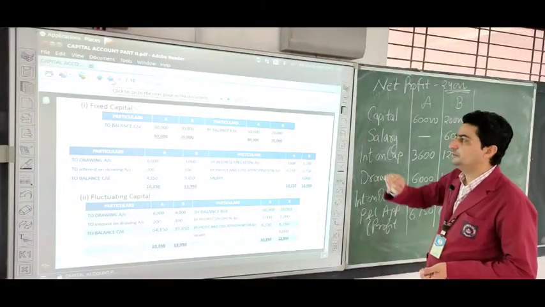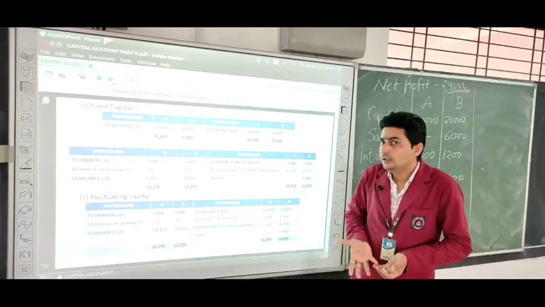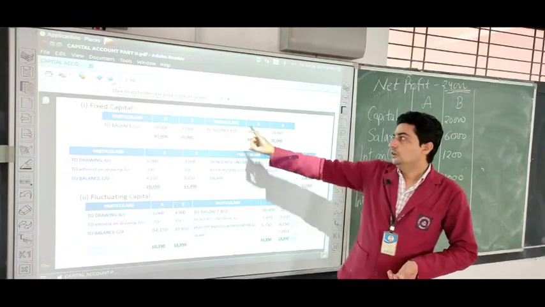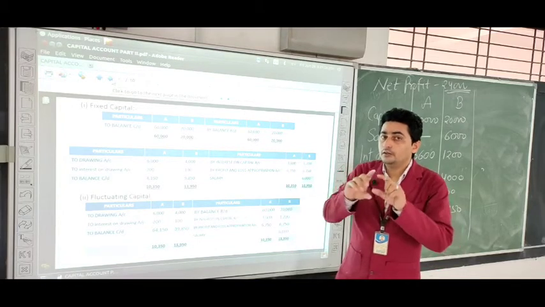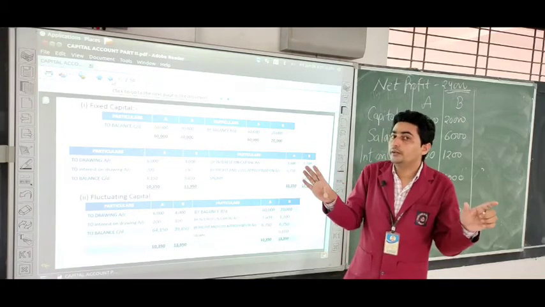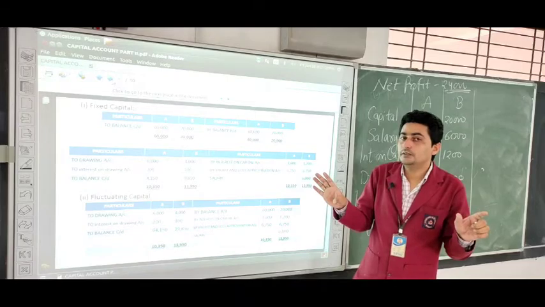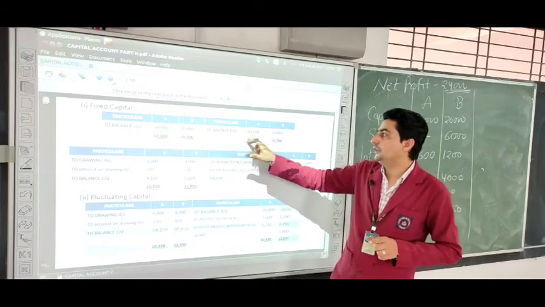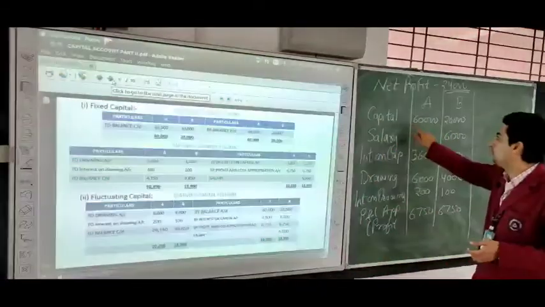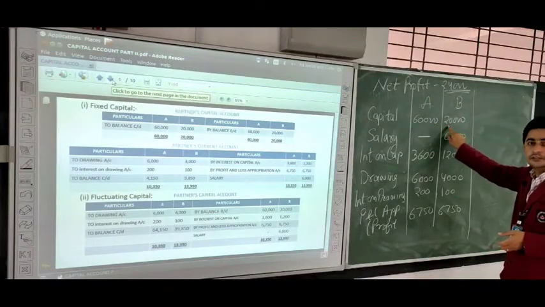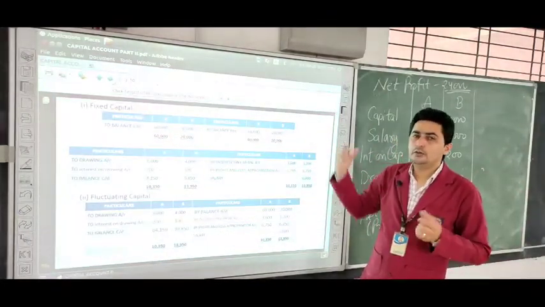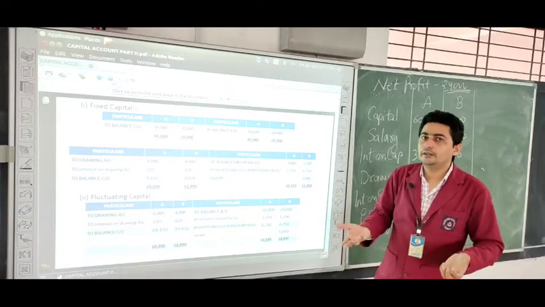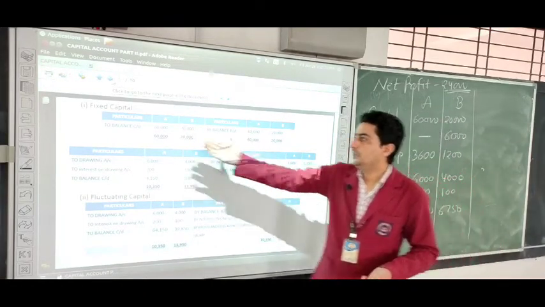Okay, students. Now see, if the capital is fixed, we will prepare two accounts, capital account and partners current account. There was no additional capital, no drawing from capital. So we will write only by balance BD 60,000 and 20,000. This is the opening capital. Then because additional capital is not there and drawing against capital is also not there, the balance CD will be the same.